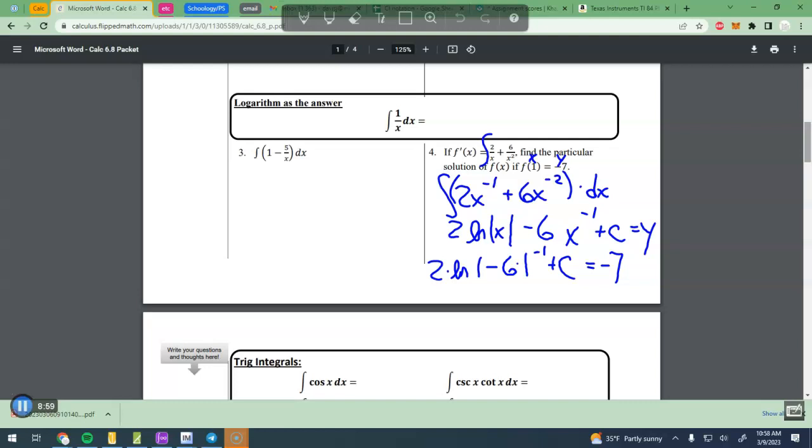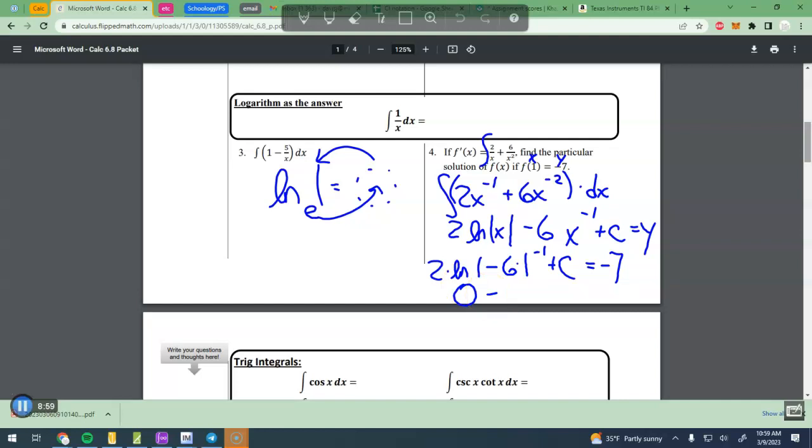Alright, natural log of 1. Remember, there's really an e down here, and you're saying e to what power gives me 1? Zero power always gives you 1. So this is 2 times 0, so this just goes away. That's 0.